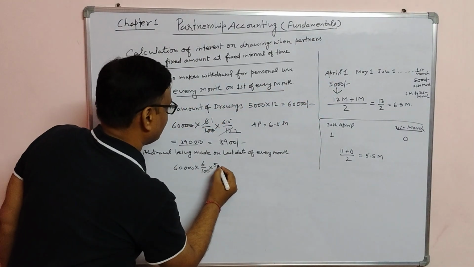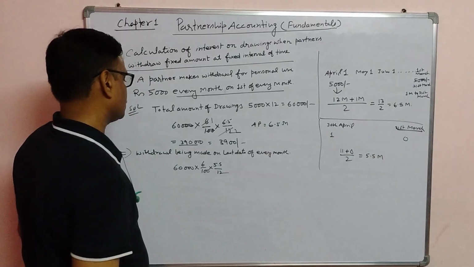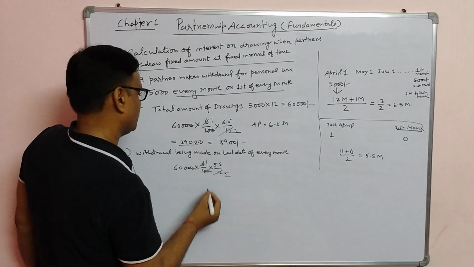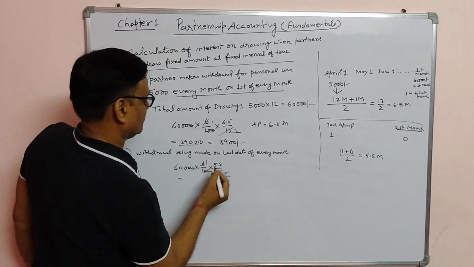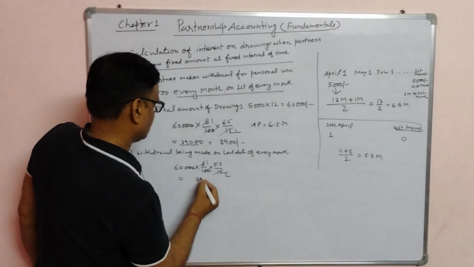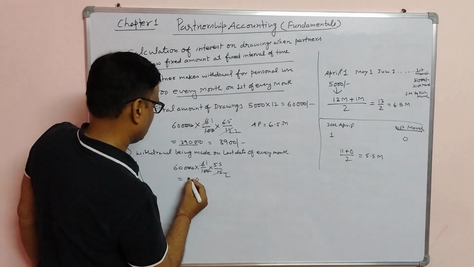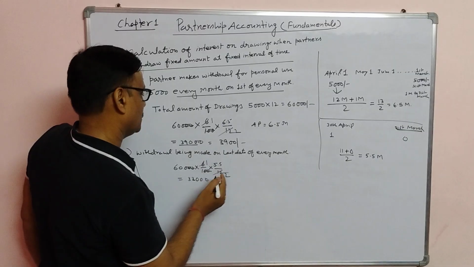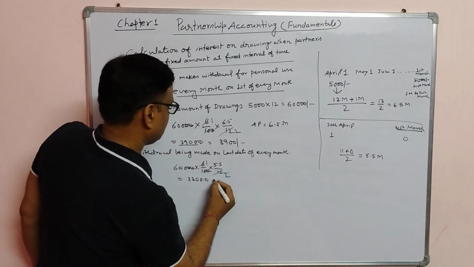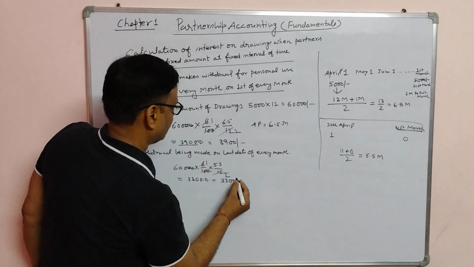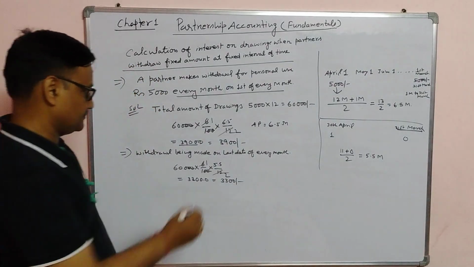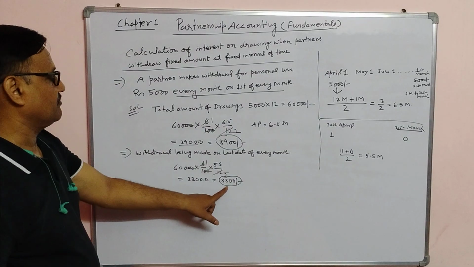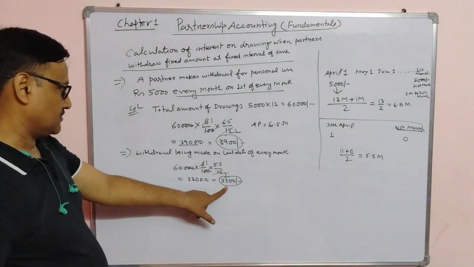So 5.5 divided by 12. 6 1 या 6, 6 2 या 12. दो जीरो कैंसिल कर देते हैं, मल्टीप्लाई करते हैं. 6 को मल्टीप्लाई करते हैं 55 में. 6 5 जा 30 का 0, कैरी ओवर 3. 6 5 जा 30 and 3 33. 2 जीरो निकाल दिया और एक डेसिमल लगा दिया, यानी 3,300. This will be the interest on drawing if withdrawal is being made at the end of every month.